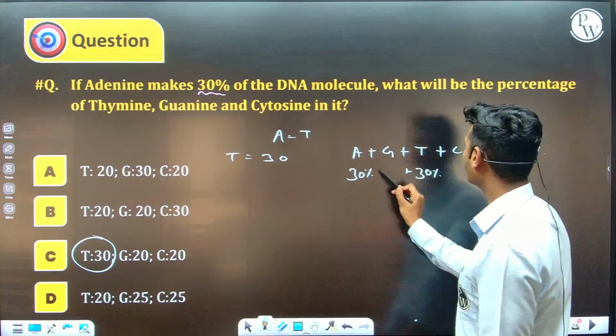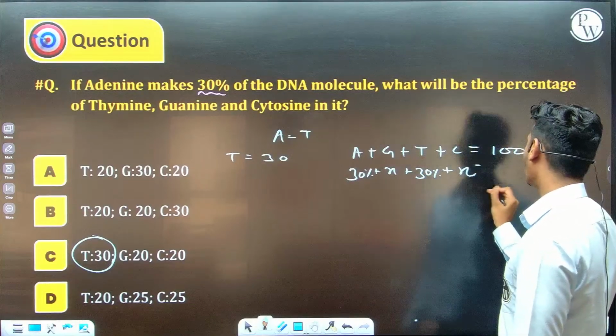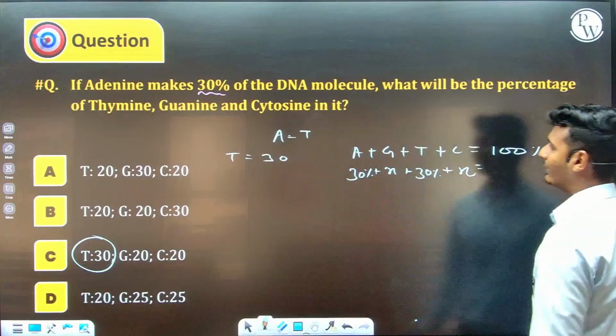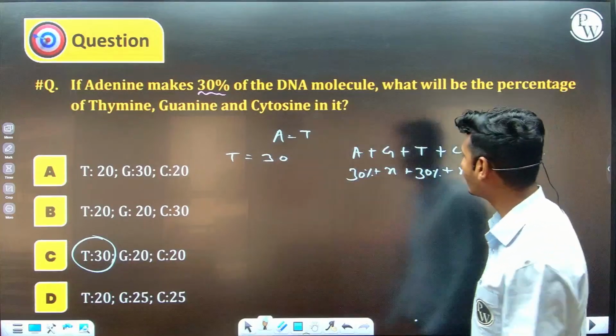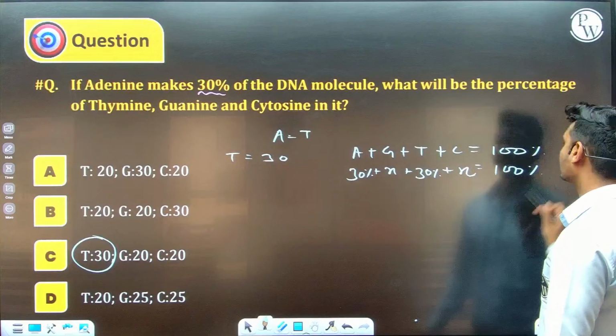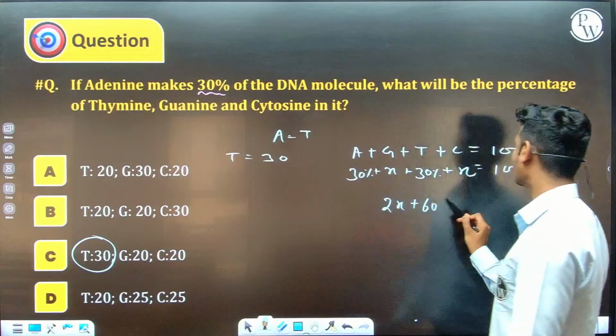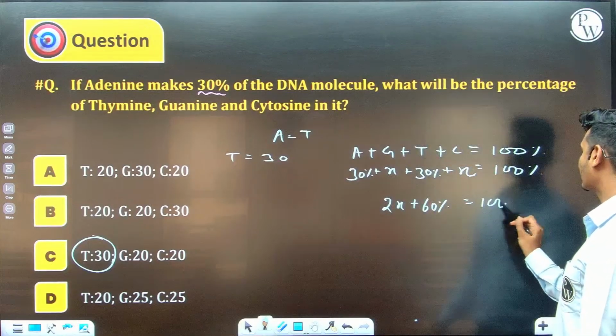Let's consider guanine as x and cytosine as x, because both have similar proportion. So 2x plus 60% equals 100%.